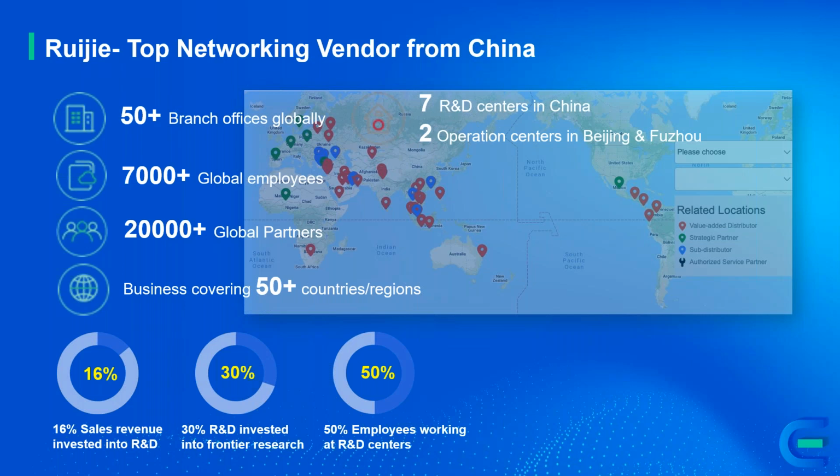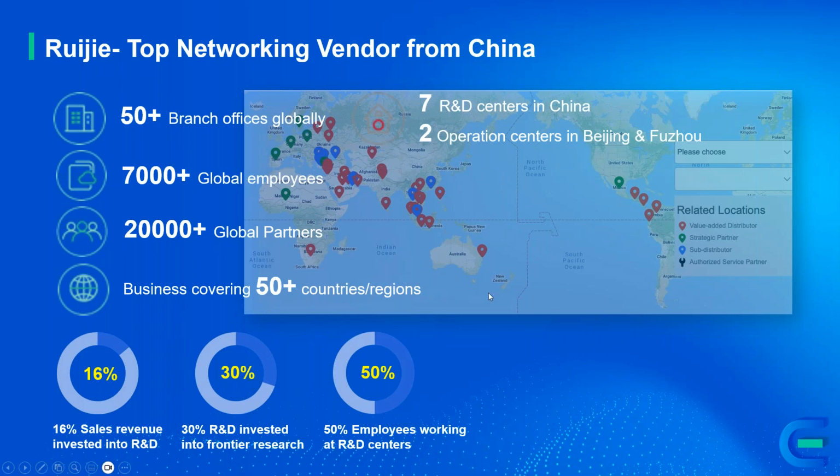We have more than 50 branch offices globally, and more than 7,000 global employees with more than 20,000 global partners, and we cover more than 50 countries and regions.